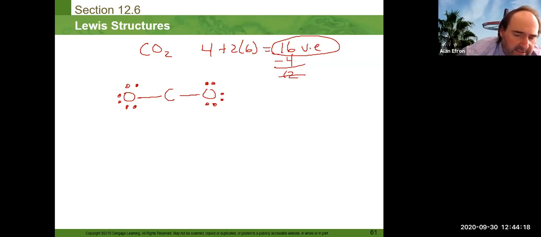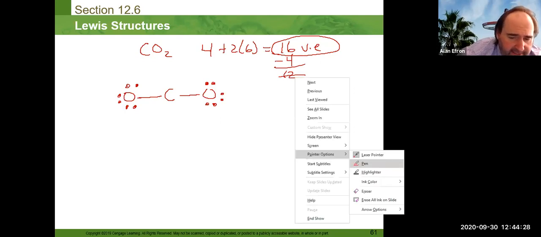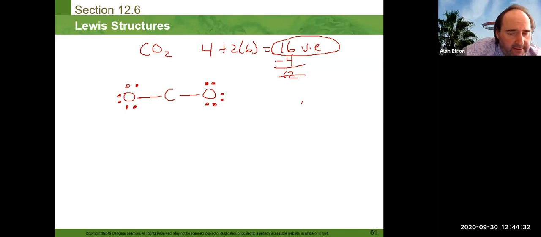Oxygen 2, 4, 6, 8 on both sides. Carbon 2 and 4. So not so good. So you can fix it by making a double bond, and you do have options here. So I'm going to double bond on the right-hand side and bring it in. When I do that, I will end up with something that looks like so.